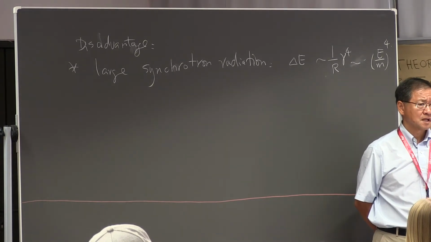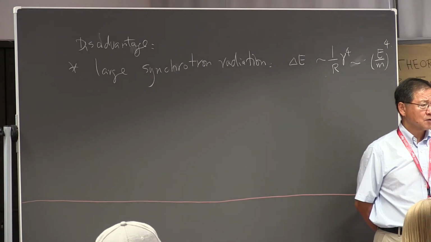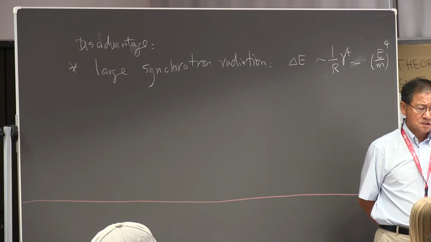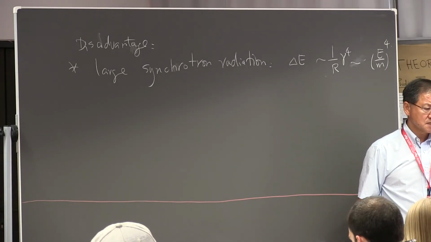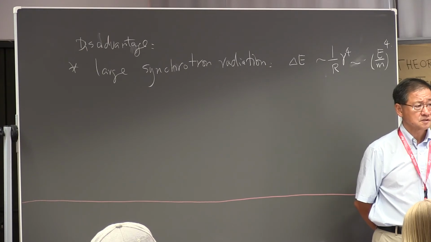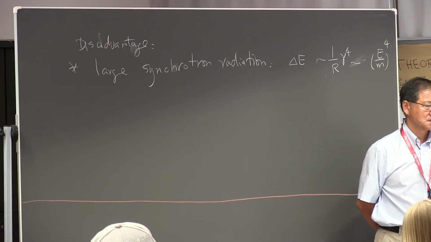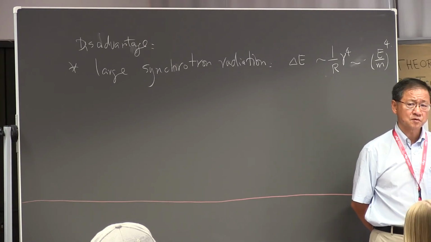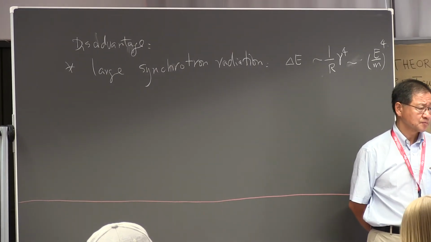Yes, LEP 2, this 200 GeV, is almost it. Otherwise, you can make this bigger. The one I mentioned, the circular e+e-, and then the radius. So far, the consideration for the circumference is 100 kilometers. It's huge. So it's still under discussion. It's not clear whether we will be able to do it.